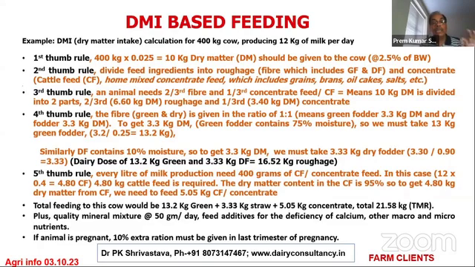It needs a daily dose of about 13.5 kg of green fodder, 3.5 kg of dry fodder, and totally 16 or 17 kg of roughage. It is a daily dose divided into morning and evening, and the animal will be healthy.